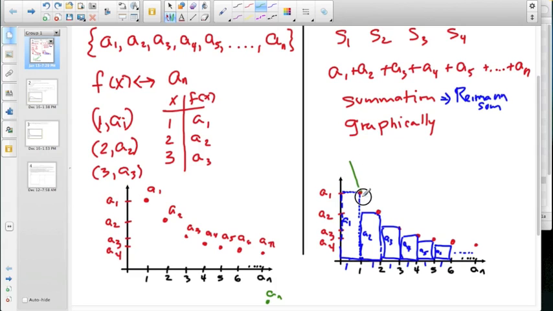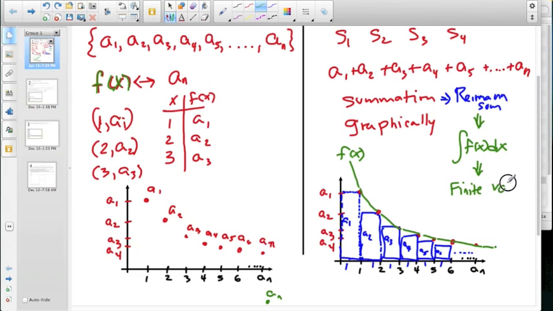And if we overlay a sketch of the function that is represented here, this function that we can represent the sequence with, then instead of adding up infinitely many rectangles, we can say, well, if we just look at the function, we can integrate the function and we can see whether or not we can get a finite value for the area.